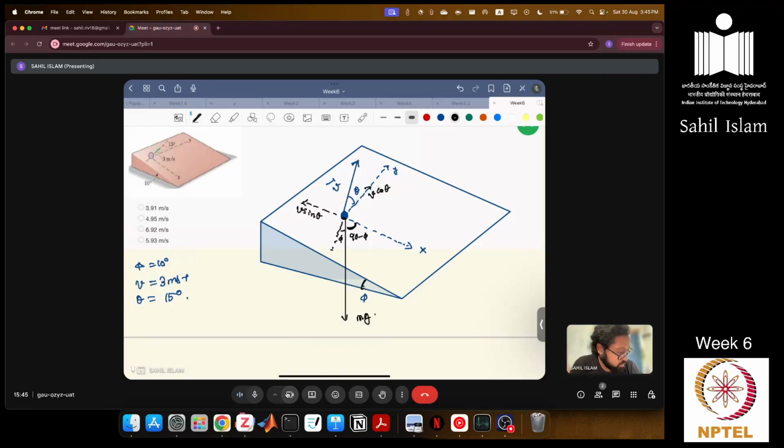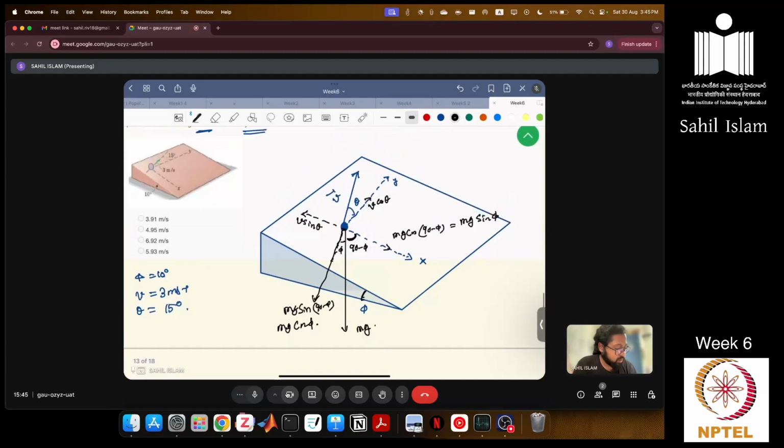So this mg will have a component mg cos 90 minus phi, and directly perpendicular mg sin 90 minus phi. So this is mg sin phi and this is mg cos phi.